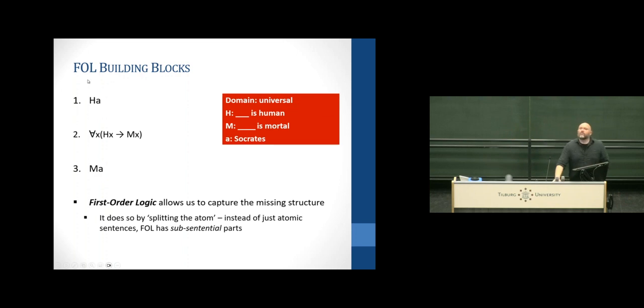Well, here, what we're going to have is two parts, and this is the most basic of an FOL sentence. I'm going to talk to you about what the parts are in a bit. But importantly, we're no longer going to just have capital letters on their own. The minimum unit is always going to be at least one capital letter and at least one lowercase letter.